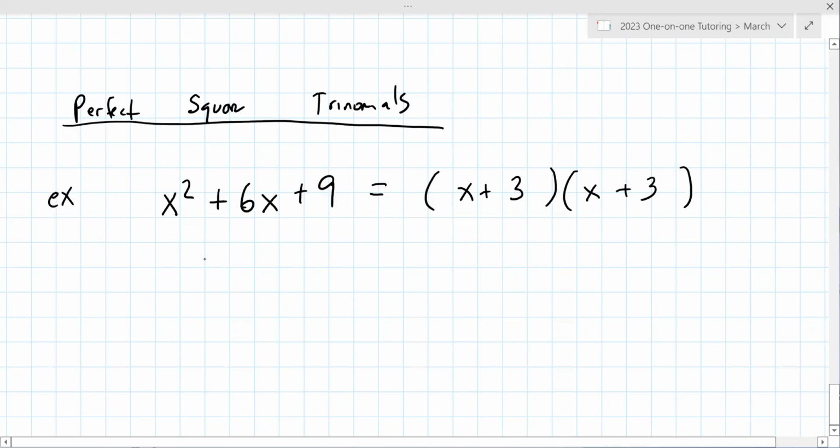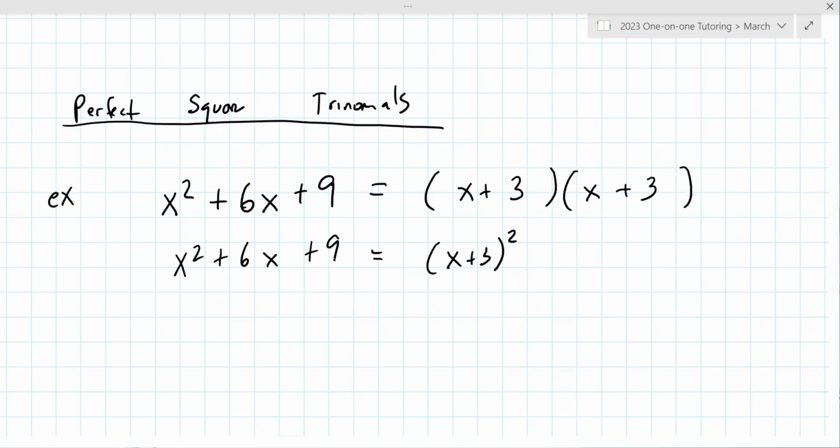The way this is typically written, though, is you combine them, so it's x plus 3 to the power of 2. Is that okay? Kinda.